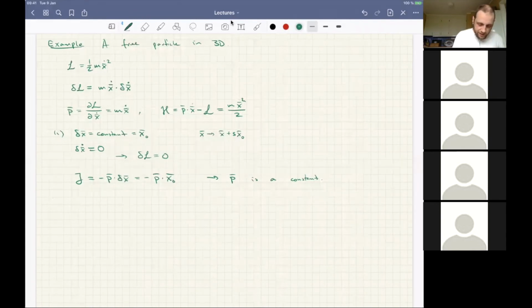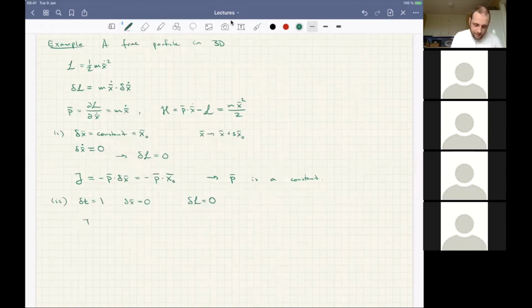So translational symmetry corresponds to conservation of momentum. A second symmetry of this system is if we put delta T equal to 1 and delta X equal to 0. Now, this does not change anything. It gives you delta L equal to 0 again.